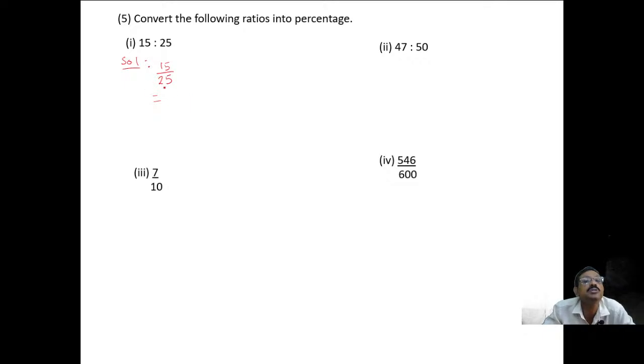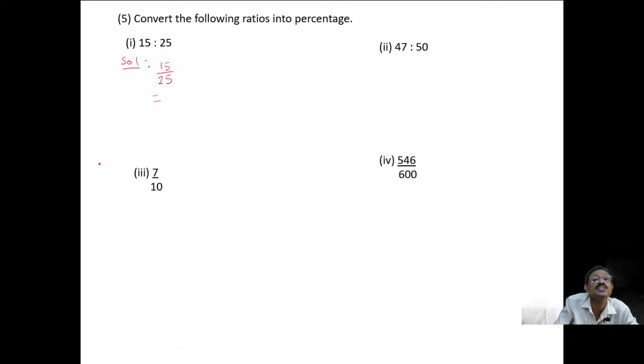So here you need to have 100. Now to get this 100, we can multiply a number here which, when multiplied by this 25, will give me 100. And the same number has to be multiplied up.